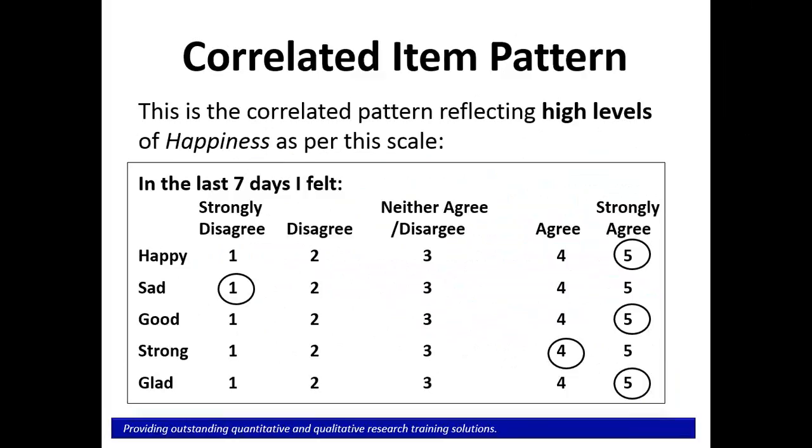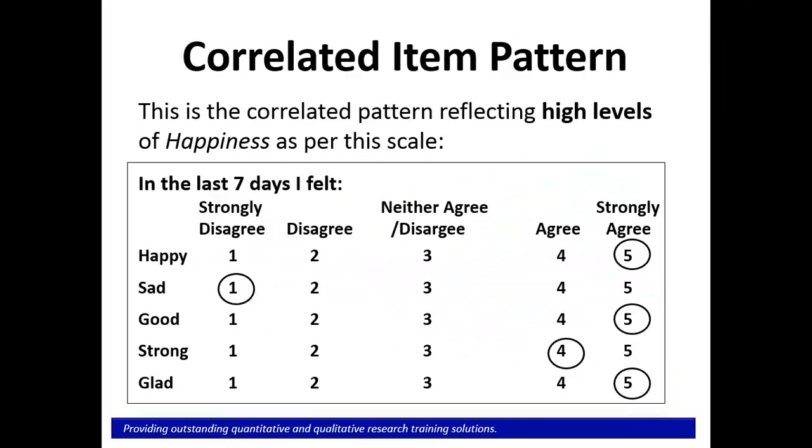For example, this study participant, for happy, they said 5. They strongly agreed that they felt happy in the last 7 days. So if they've been feeling happy in the last 7 days, they've probably not been feeling sad. So the happy is 5, then the sad is 1. If there's happy present, we would expect sad not to be present.